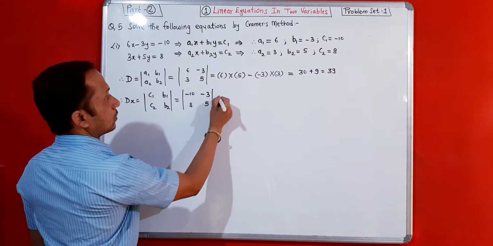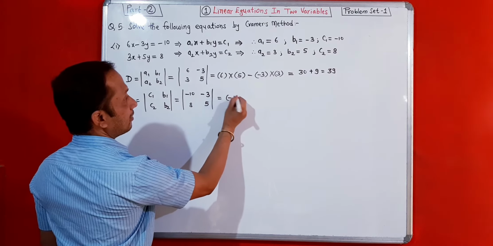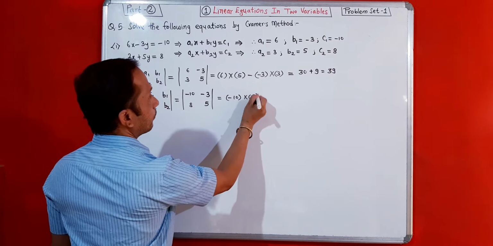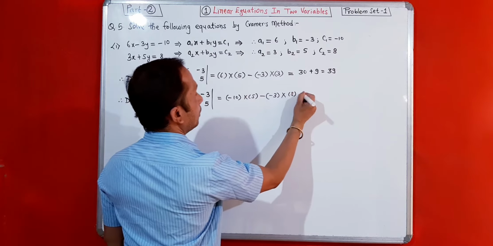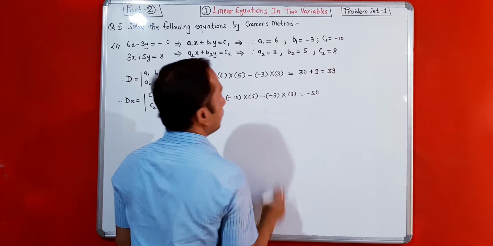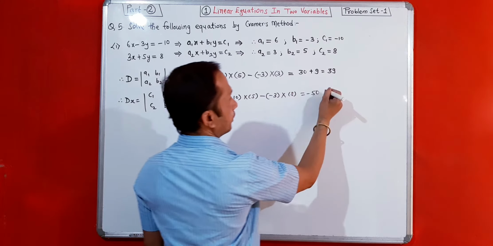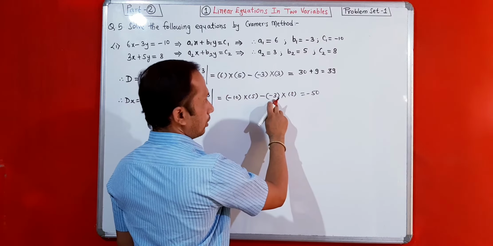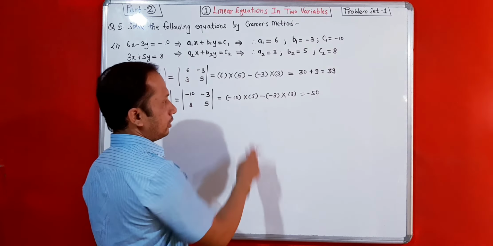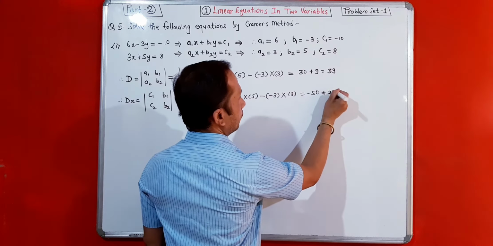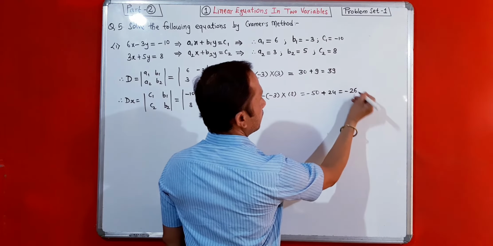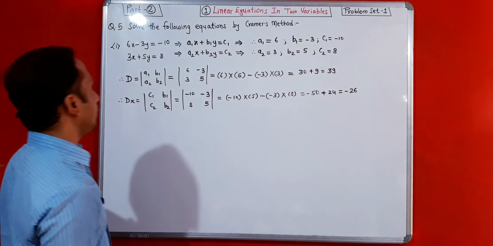So this is minus 10 into 5 and minus 3 into 8. So it is minus 50, and plus 24, 8 3s are 24. So you'll get minus 26. Okay, so this is your Dx.